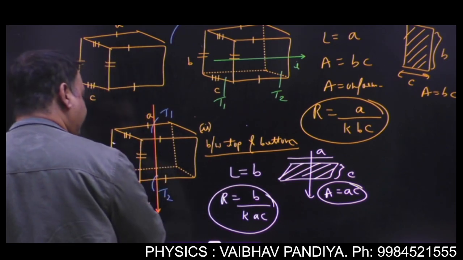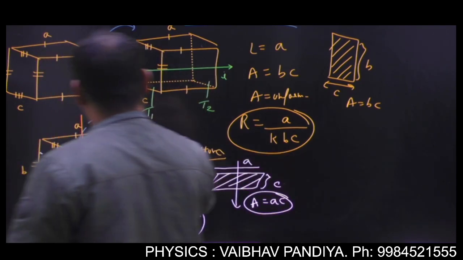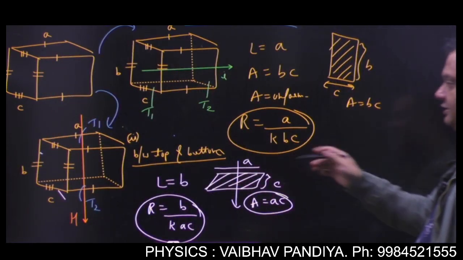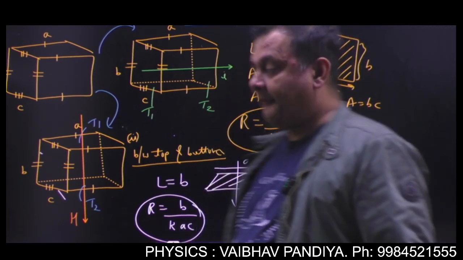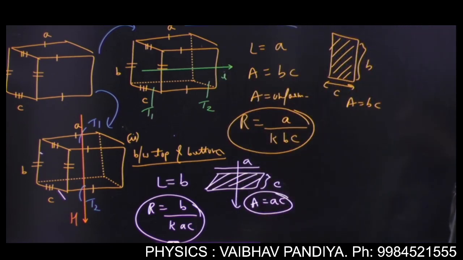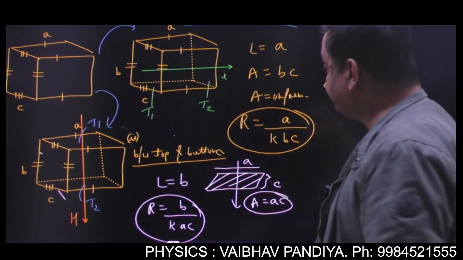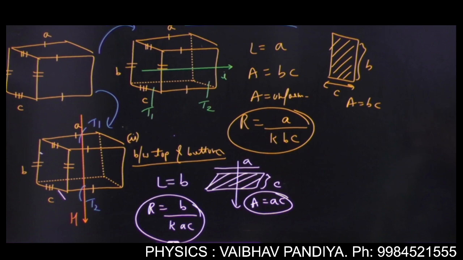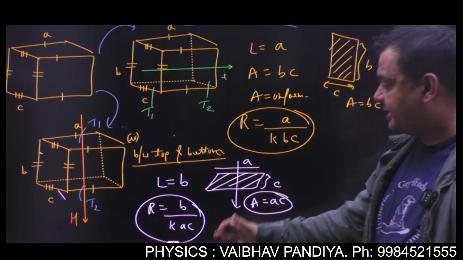Now can you see the very same object? There is no change in the object. The very same object is giving you different resistances between different pairs. The object is the same, the same block. When you are finding the resistance between the right and left surfaces, the resistance is coming to be A by KBC. When you are finding the resistance between the top and bottom, the resistance is coming to be B by KAC.